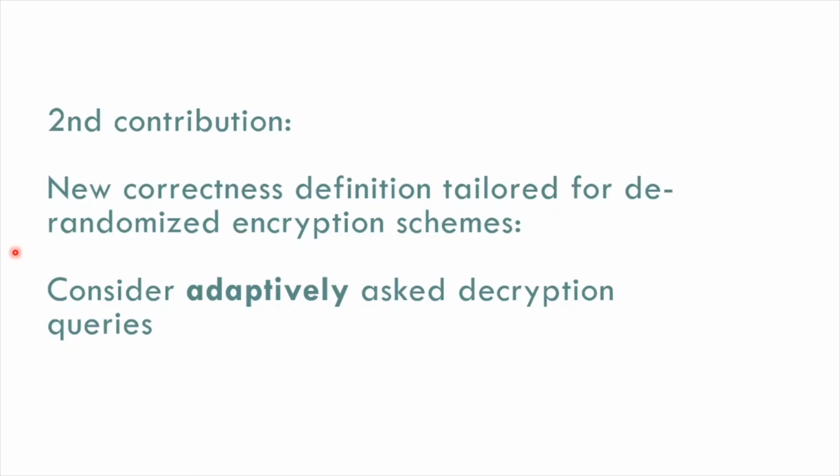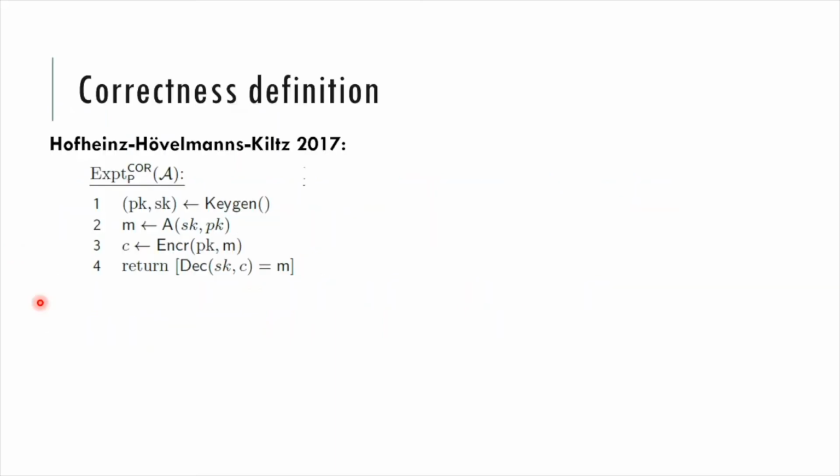This motivates our second contribution. We propose a new correctness definition that is tailored for de-randomized schemes. In this definition, we consider adaptively queried decryption queries. Let me take a step back and explain the current correctness definition by Hofheinz, Hövelmanns and Kiltz.